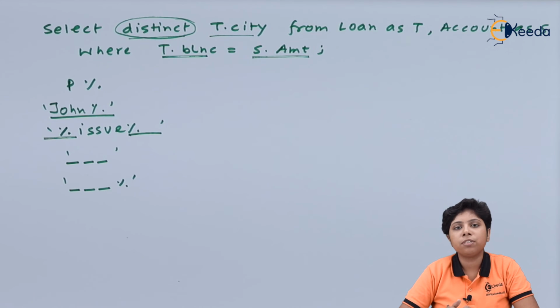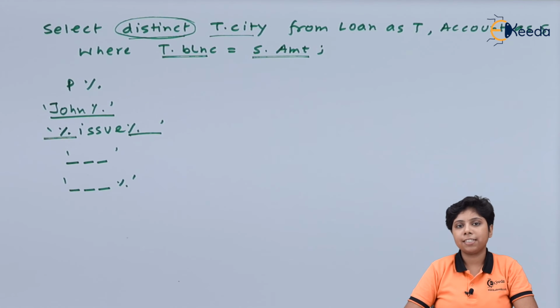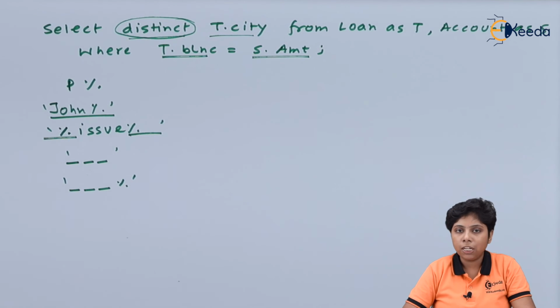Now, how to use it in a select statement? We will use it in a select statement to find a pattern where the word en should be anywhere inside a word. How to match that?